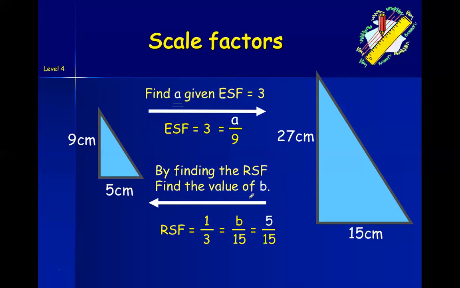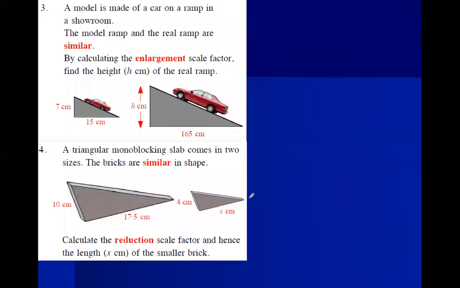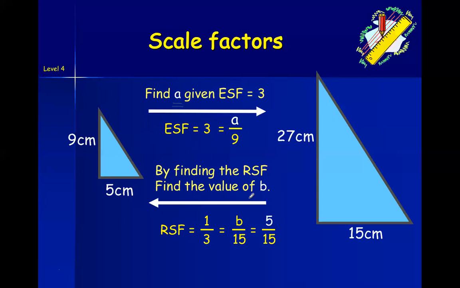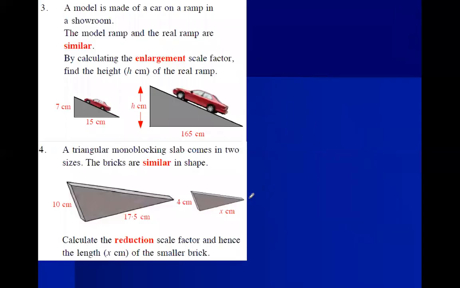Or you need to do 5 divided by 15 to get 1/3. Same thing. So we know what the link is between ESF and RSF. That means we can work from one to the other. So let's see those couple of questions.